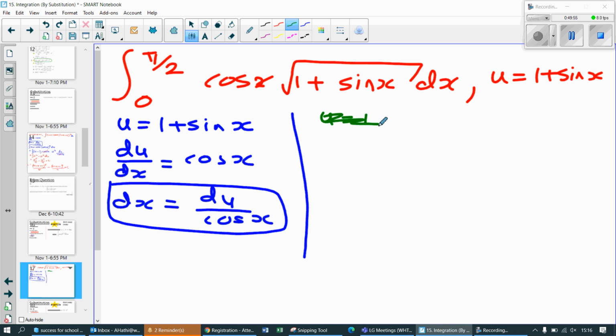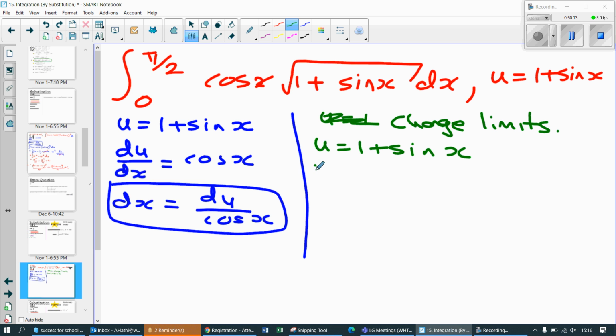So next step, change limits. Okay, so u equals 1 plus sin x. So just substitute it. When x equals 0, u equals 1 plus sine 0. What's sine 0? Sine 0 is, please, we don't need a calculator, folks, come on. 0.